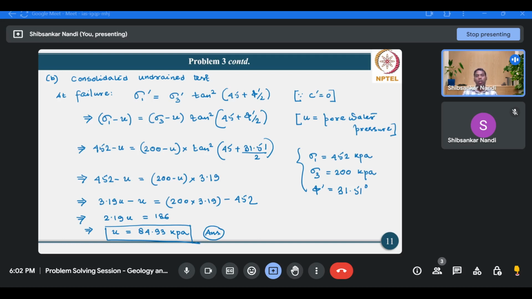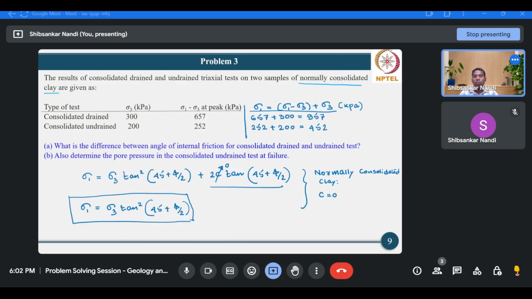Then we can utilize this relationship between the effective major and minor principal stresses at failure, and easily obtain the pore water pressure value. Okay, so these are the two parts of this problem that we have already addressed.